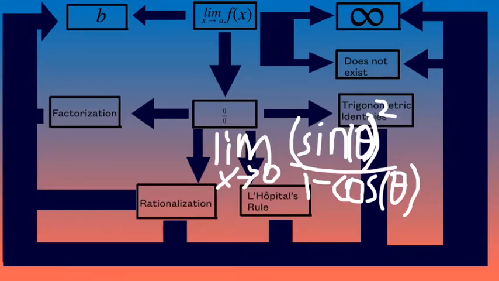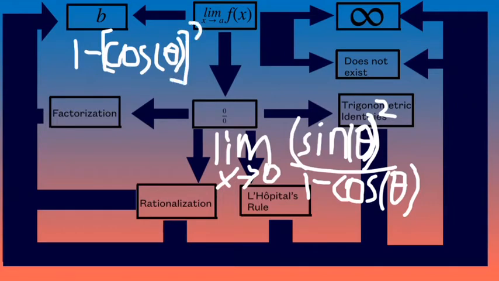But we could use our trigonometric identities to say that sine of theta squared equals 1 minus cosine of theta squared. And now we can use factorization to get 1 plus cosine of theta. I think you can see why.